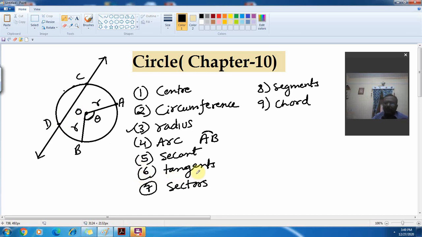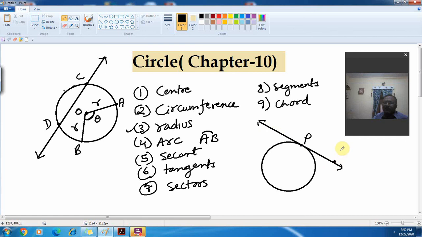So now the next point is tangent. Suppose there is a circle. Let me draw one circle like this, and if there is any line which is coming from outside and only touching the circle like this at point P, then this line is called a tangent.